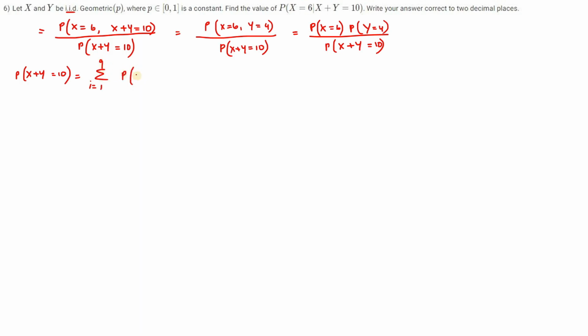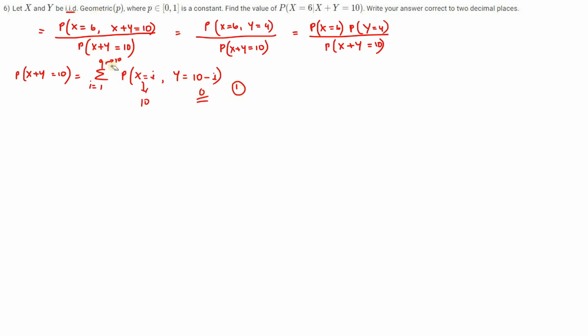P of x equal to I comma y is equal to 10 minus I. Now just look into this. What if we have 10 here? If we have 10 here, the x itself will take the value 10, but y cannot take the value 0, because the geometric random variable starts with 1.